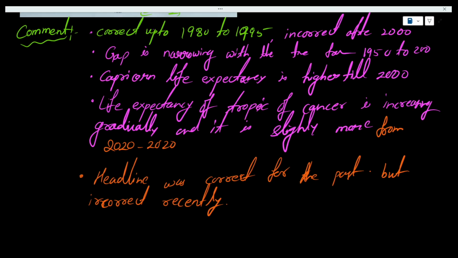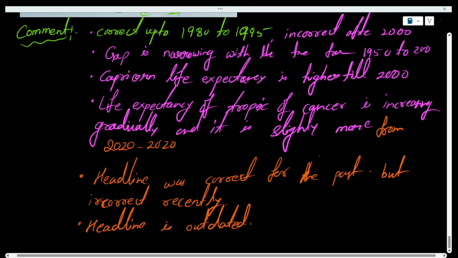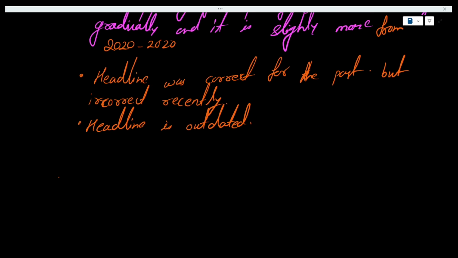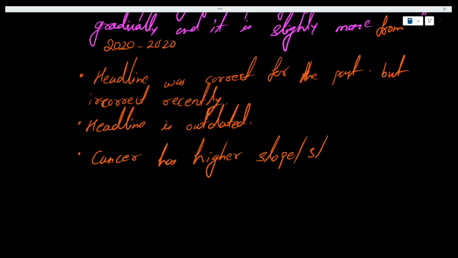Now what else can you write here? Headline is outdated because they have to work on this. It is based on the previous data, but they are not considering how it is gradually changing. One more thing, because you are learning about the graph, you can write: Cancer has higher slope. Higher slope means it is steeper.